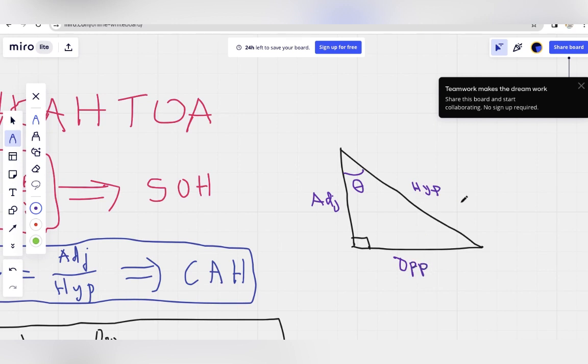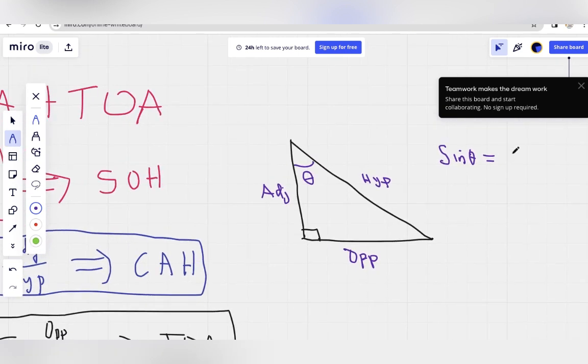So this is how the formulas came about. If you're looking for sine theta, we say it is the opposite over hypotenuse. So sine theta is opposite (OPP) over hypotenuse. That's how we came about SO: sine of the angle is opposite over hypotenuse.